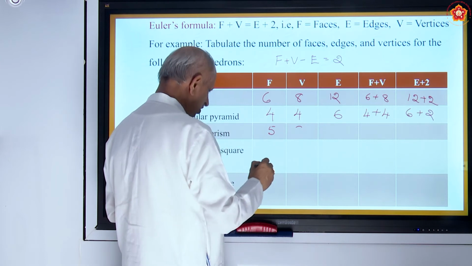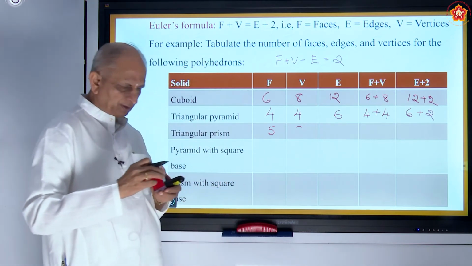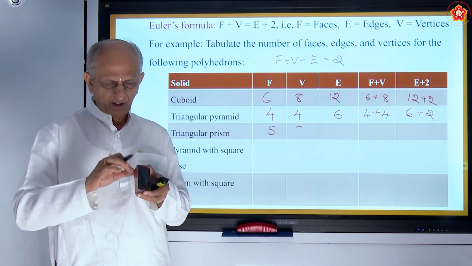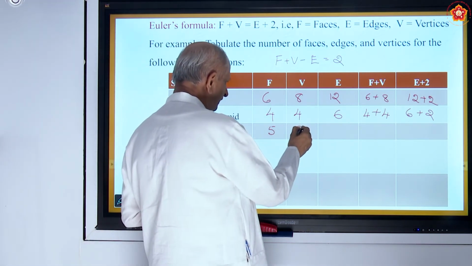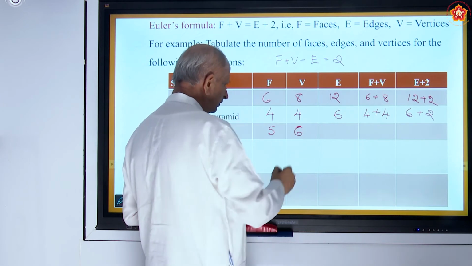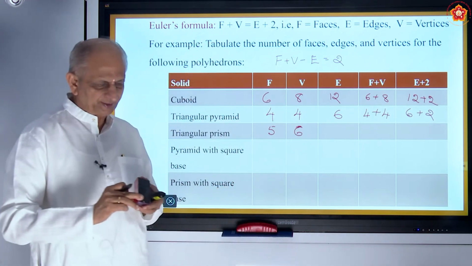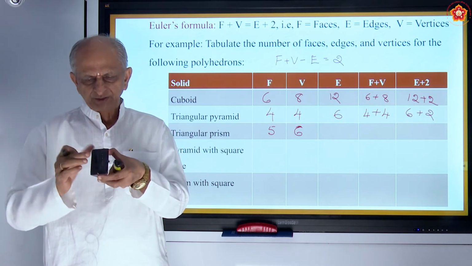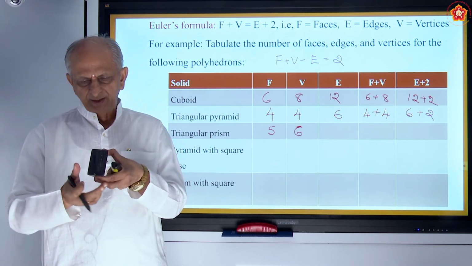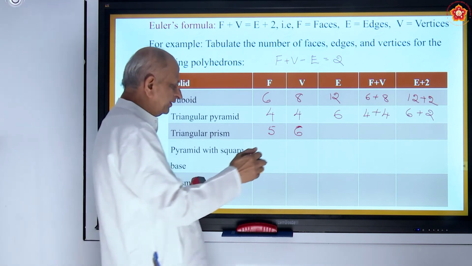And how many vertices? 3 vertices at the top, 3 vertices at the bottom. So you have 5 plus 6. And now, what about edges? 1, 2, 3, 4, 5, 6, 7, 8, 9. So 9 edges.